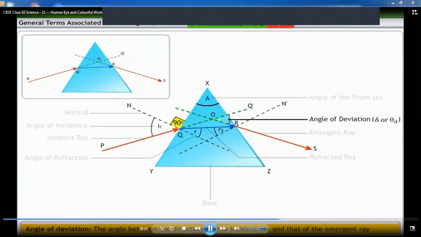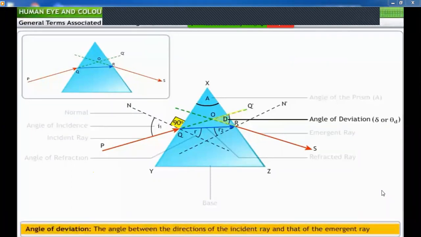And is represented by Greek letter delta or theta d or the English letter d. Here, angle Q-OR is the angle of deviation.